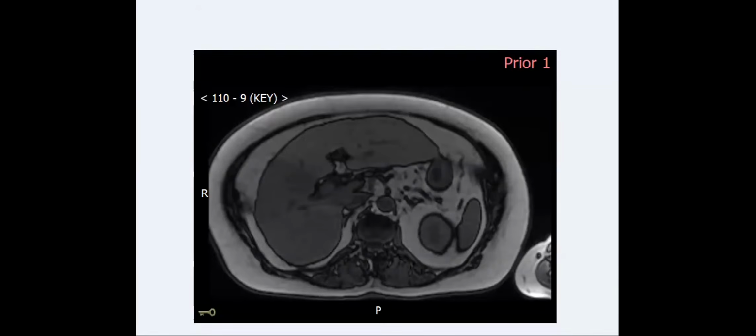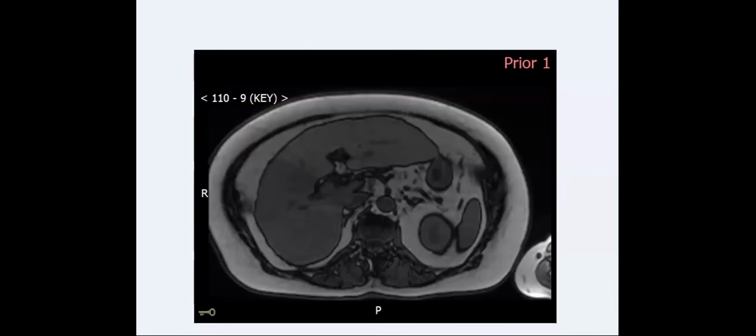So, elderly male with cirrhotic liver, and all the sequences are pretty impressive. What do you see on this sequence for liver? I see a geographic difference in signal between right and left lobes. Exactly. When it's super geographic like that, I always think about a portal vein abnormality, like is one of the portal veins out?